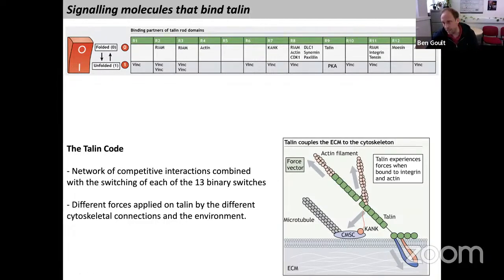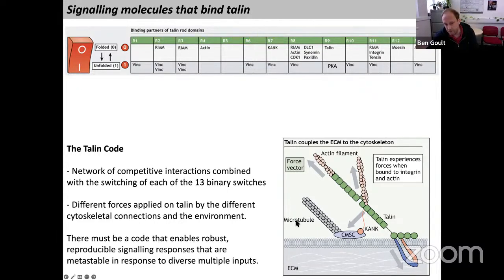And it's even more complicated because there's lots of different ways that this molecule is getting pushed and pulled via its linkages to the actin cytoskeleton and to the microtubule cytoskeleton and the extracellular environment, the stiffness, whether the cell's migrating. But this is incredibly robust because development happens nearly perfectly.